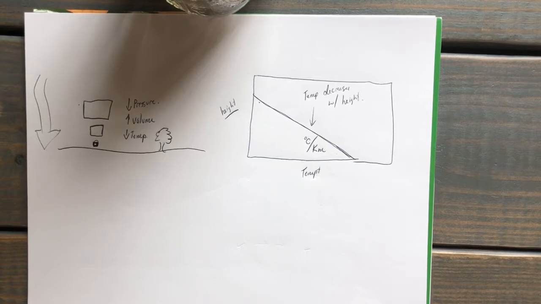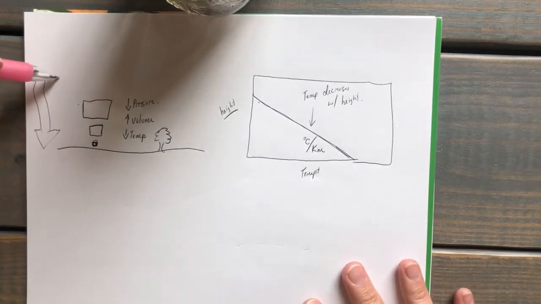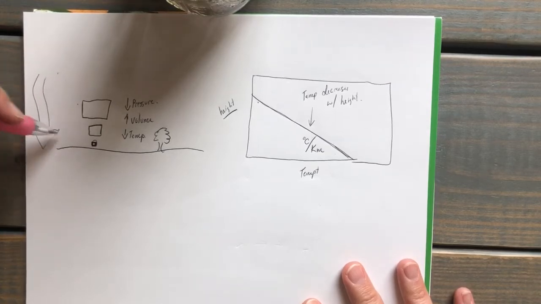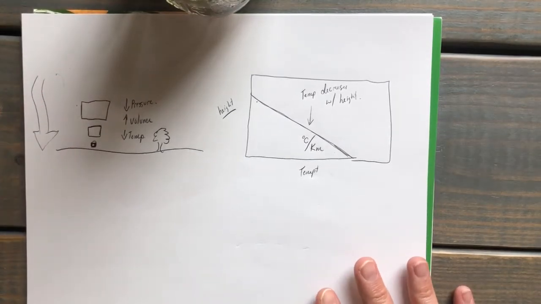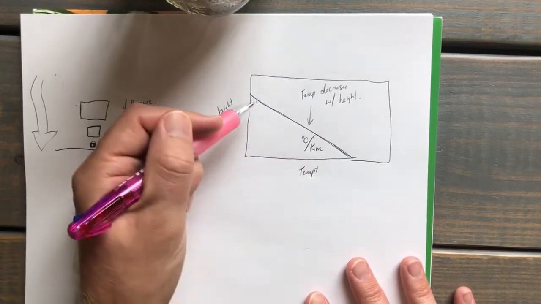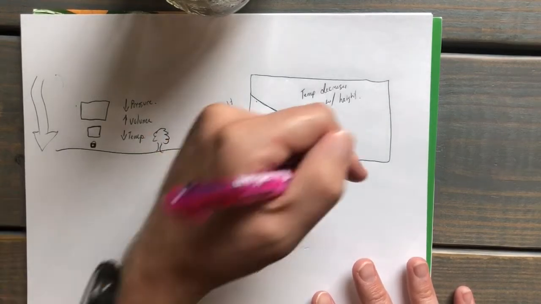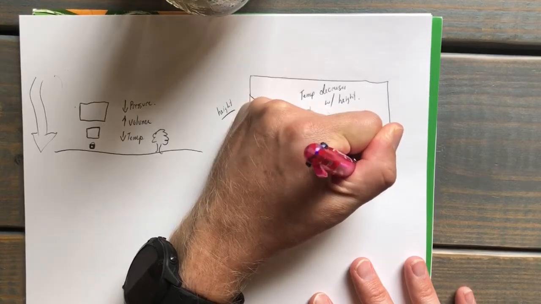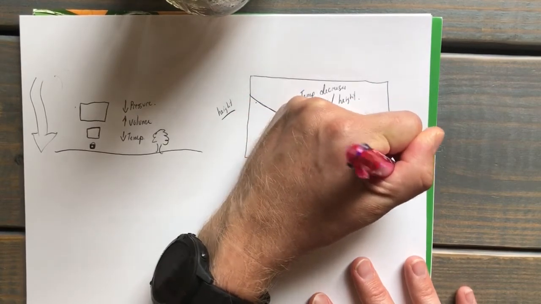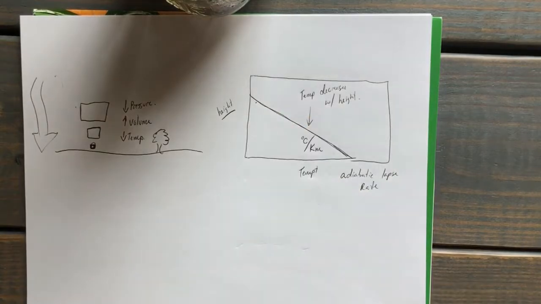This is basically controlled by several factors: the temperature of the upper atmosphere versus the lower atmosphere, and the temperature at which we started. This constant lapse rate is called the adiabatic lapse rate.